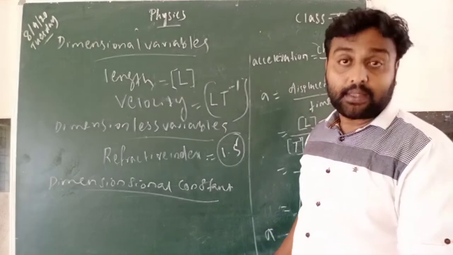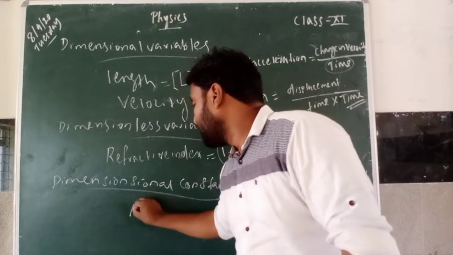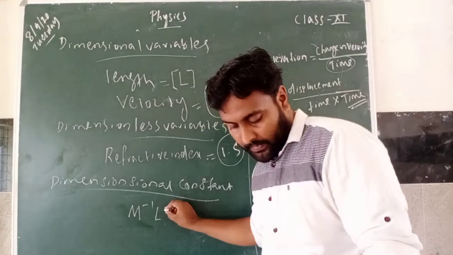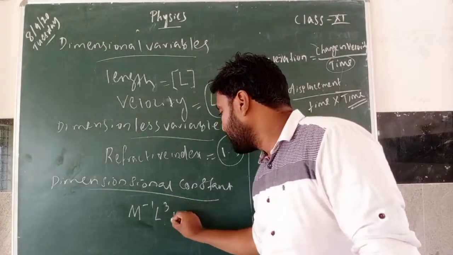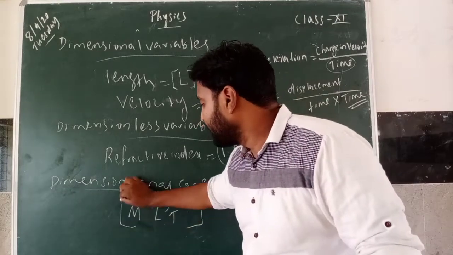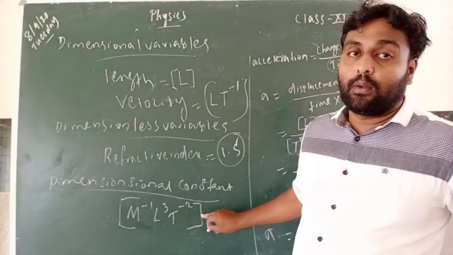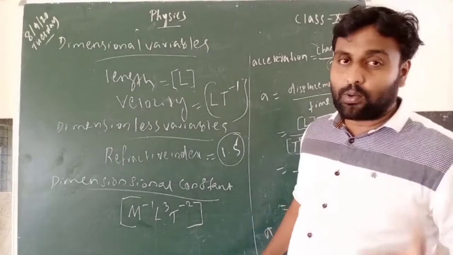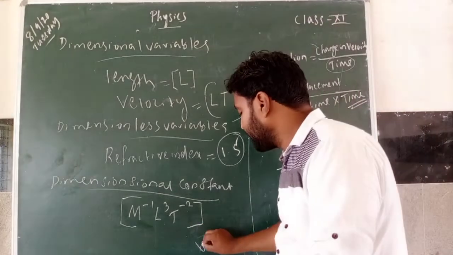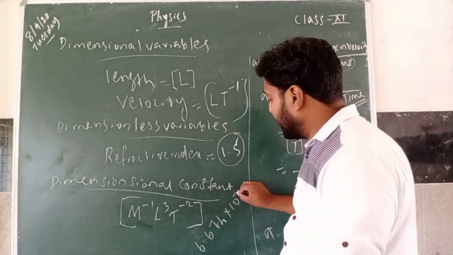Gravitational constant, the dimensional formula is M power minus 1 L power 3 T power minus 2. This is the dimension we are using for gravitational constant. And some value is there, 6.674 into 10 to the power minus 11.